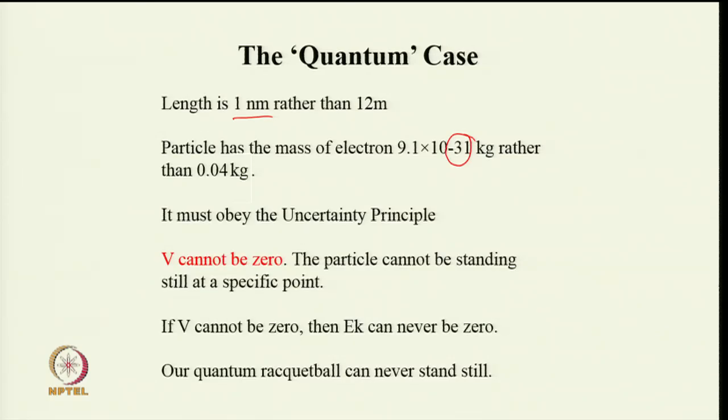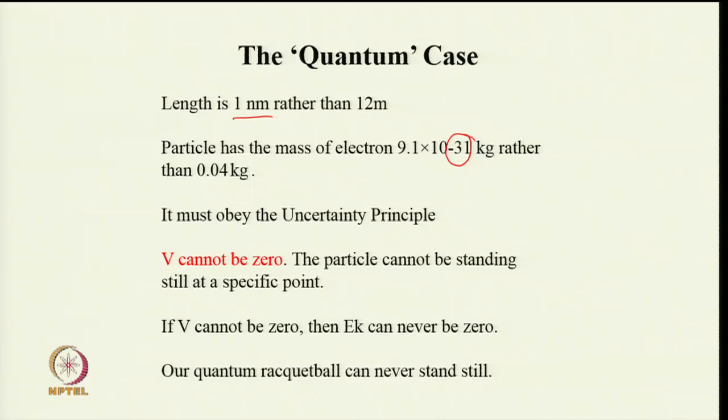Here V cannot be 0. The particle cannot be standing at a specific point. Why can V not be 0? If V is 0, then it will violate the uncertainty principle, because you know V and you also know the position, which is simply not allowed by the uncertainty principle.